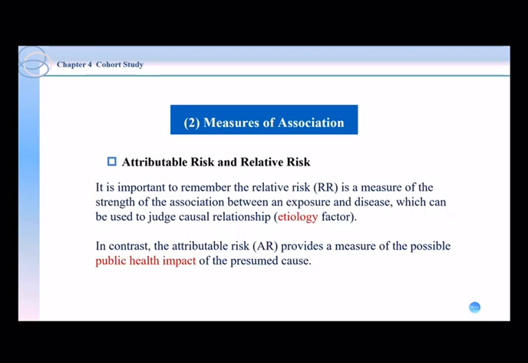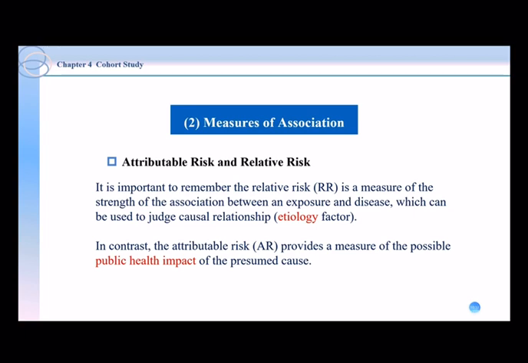So here is one thing we need to clarify: the difference between the attributable risk and the relative risk. Usually, the relative risk is more like a measure of the strength of this association between exposure and the disease. So we're more likely to use this relative risk to measure the etiology of a disease.